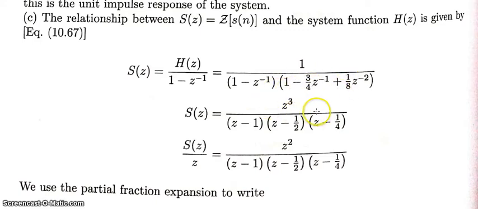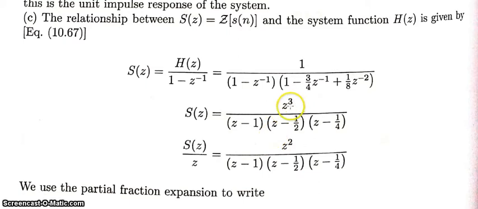And when we multiply with z cube, see, in the numerator we have z cube, and in the denominator the terms are factorized: z minus 1 because of this term, and the factors of the square term, okay, this polynomial. So it is (z minus 1/2) into (z minus 1/4). So again we can say this is an improper fraction because the numerator and denominator polynomials have the same power.